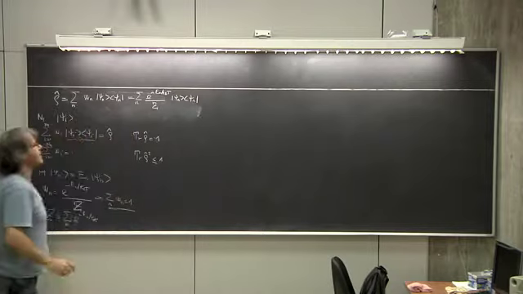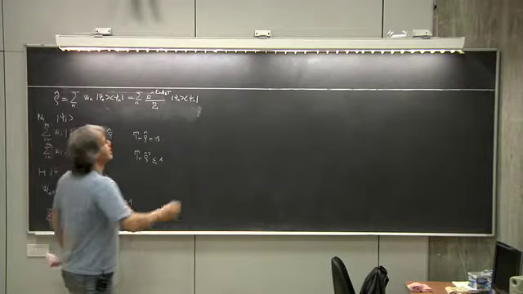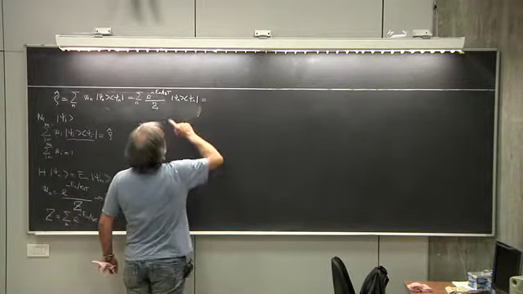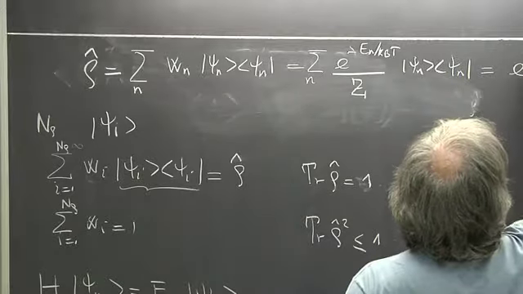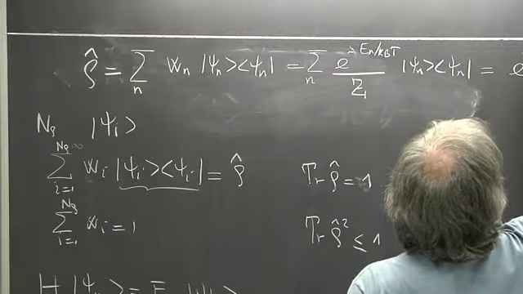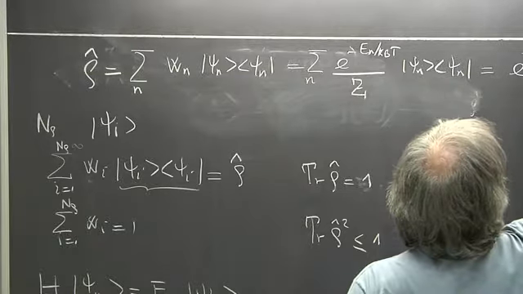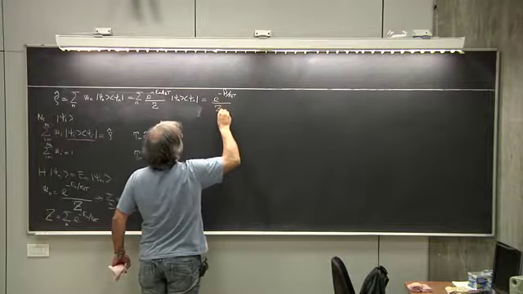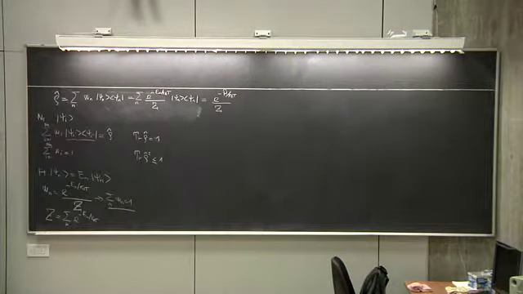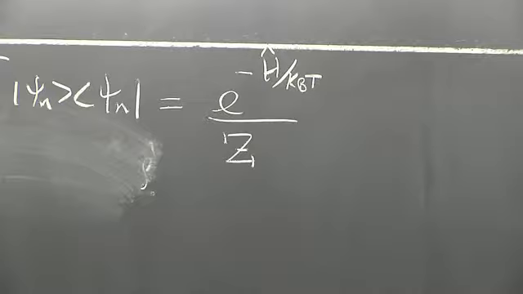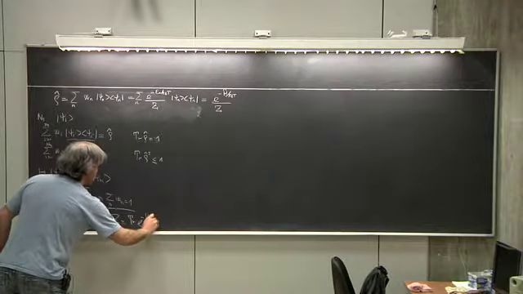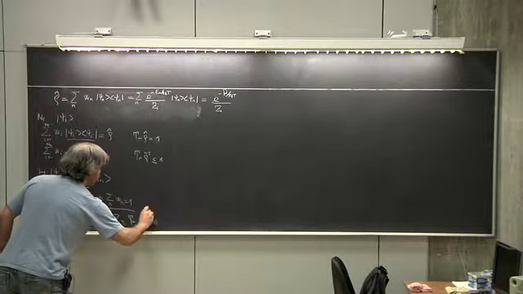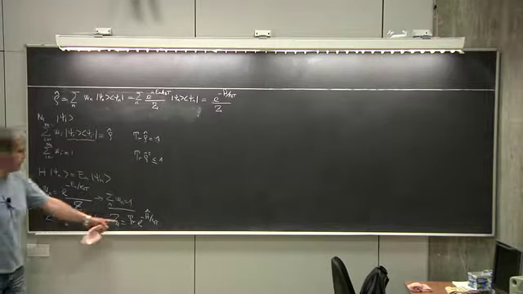Okay? Last time we argued, and there was a very simple proof, that this is nothing but a way of expressing the exponential of the Hamiltonian operator divided by k_B T, divided by Z. And by the way, Z is also equal to the trace of e to the minus H over k_B T. Okay? This is very simple to prove.